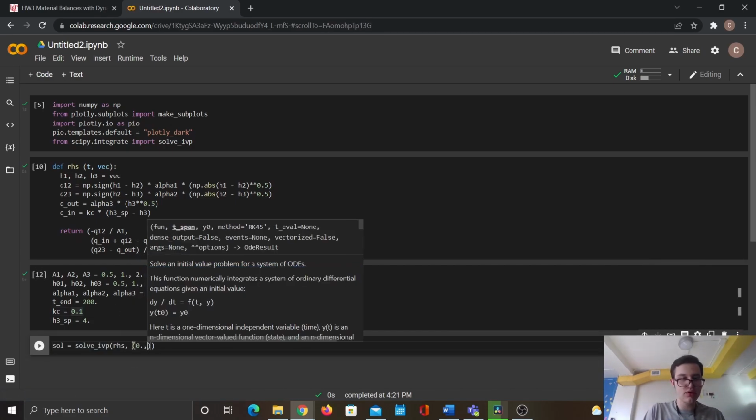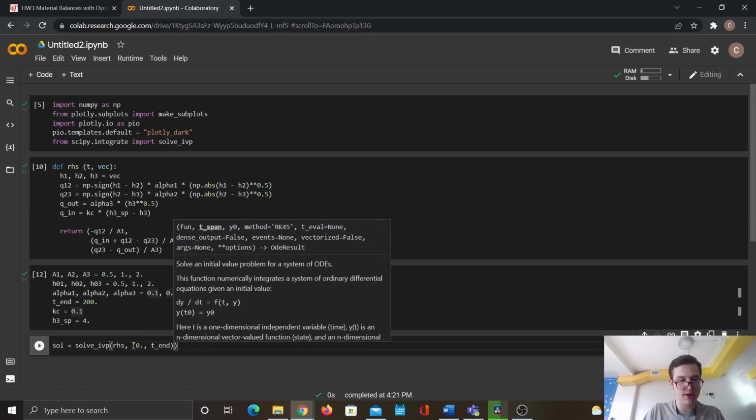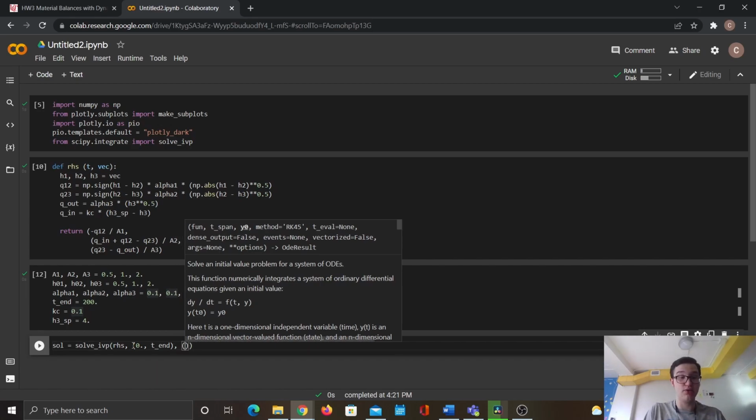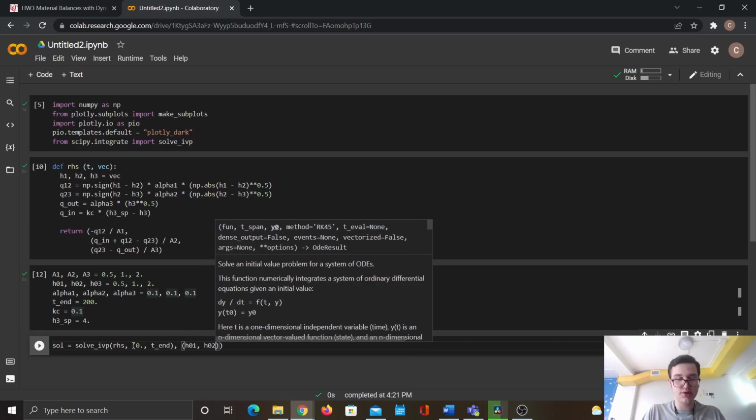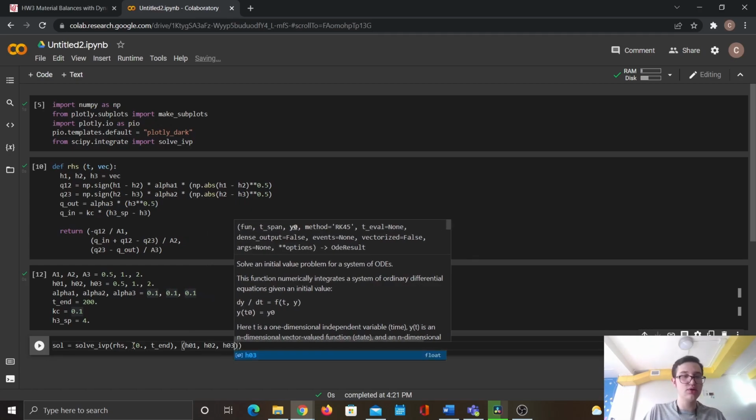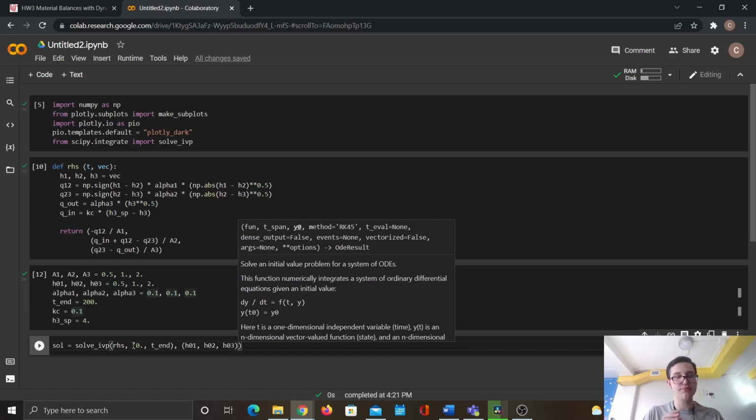From 0 to 200, to tn, so we can manipulate the time if we so choose, and then y0. We need h naught 1, h naught 2, and h naught 3, the initial heights from tank 1, tank 2, and tank 3.